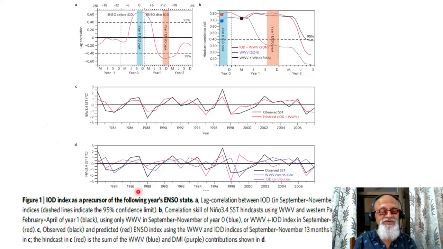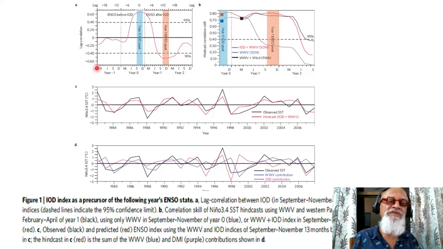So this is the IOD index as a precursor of the following year's ENSO state. Lag correlations between IOD in September to November of year 0 and ENSO in DJF, so that's the following year. The correlation skill, so let's look at this one here.